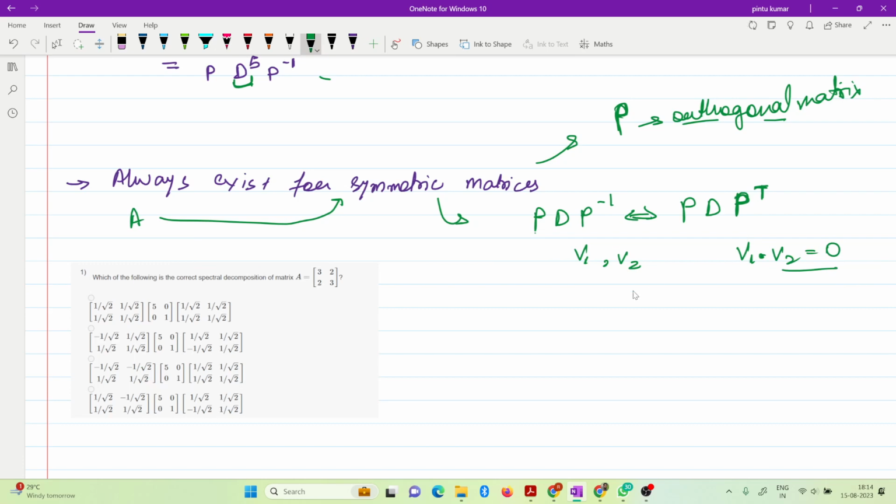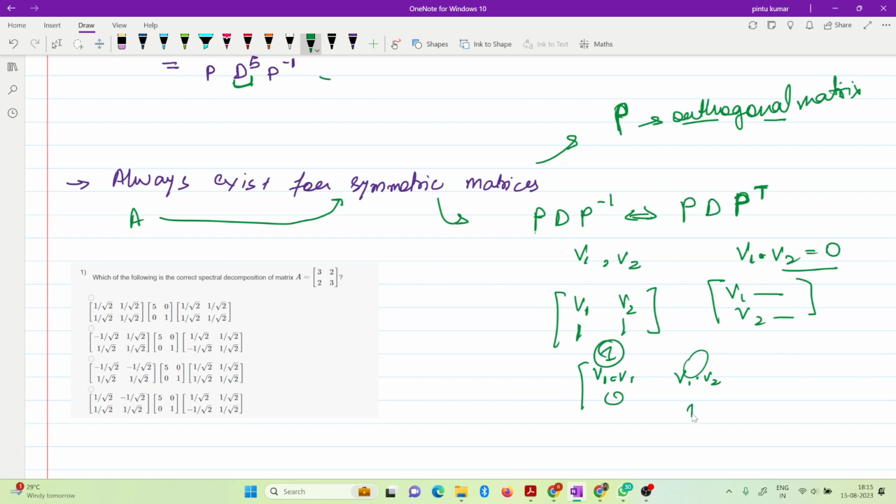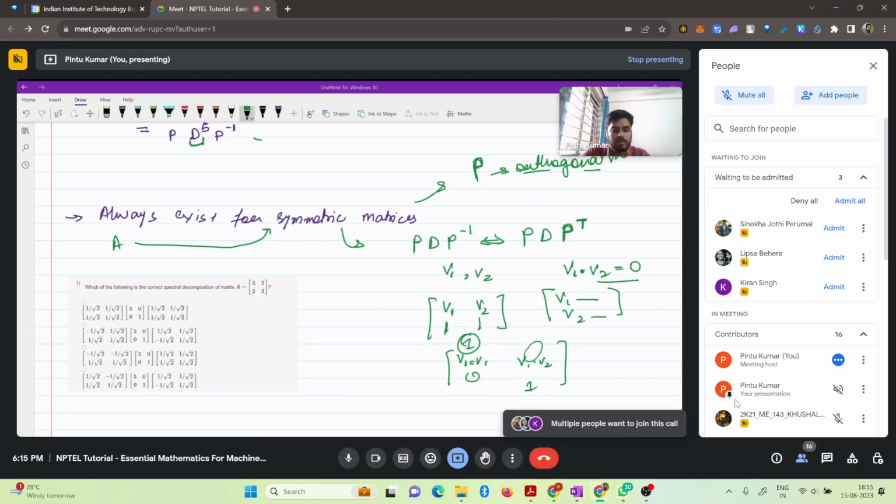Now if your eigenvectors are orthogonal, and you multiply, let's say this is v1, this is v2, and this is v1, this is v2, the result turns out to be v1 dot v1, v1 dot v2, and so on. So the diagonal entries turn out to be 1 and the rest of them turn out to be 0. This is how you see this relation.